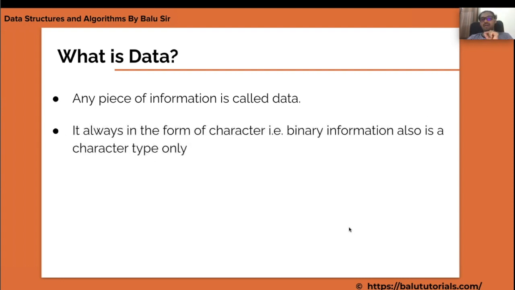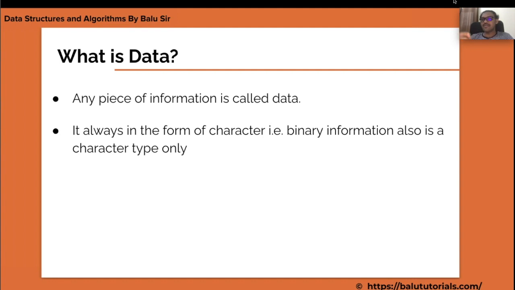It is always in the form of characters. If you say "Data Structures by Balu", that is a piece of information. It is always in the form of characters, and even binary information is character type data. If you consider a binary representation, it comes in the form of ones and zeros, and that is also treated as data.